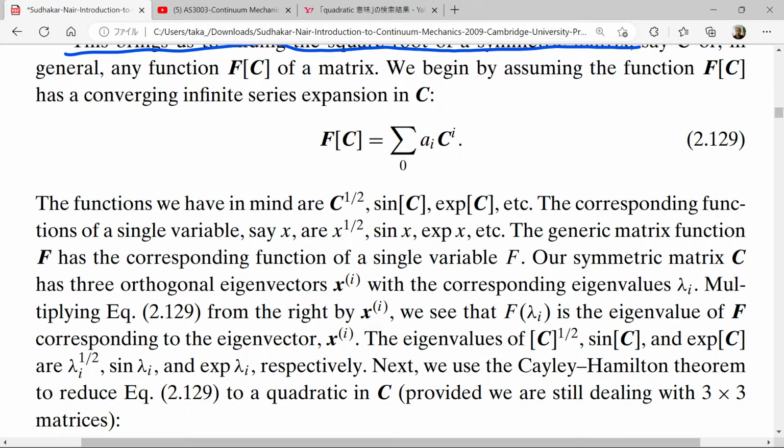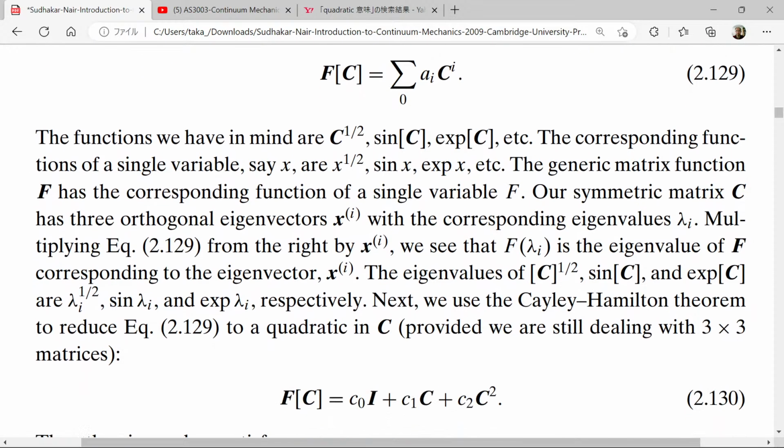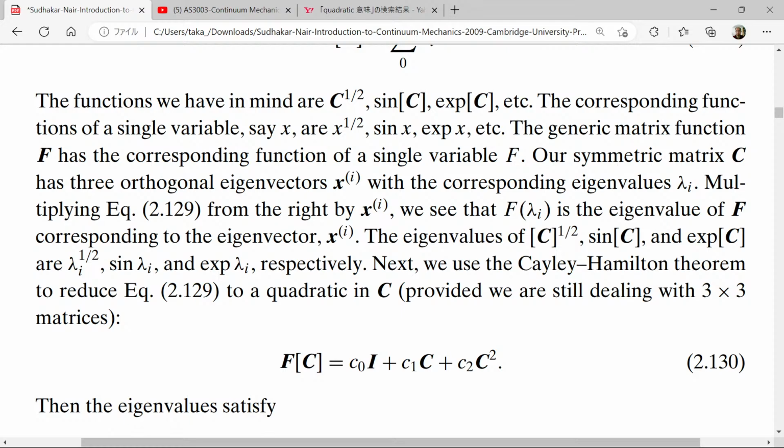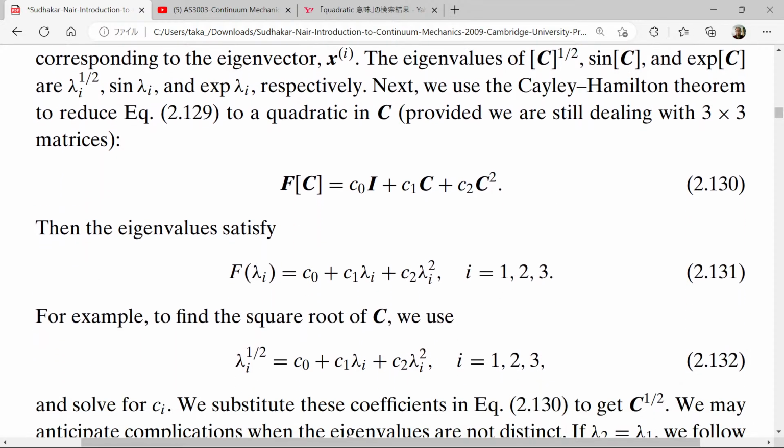Next, we use the Cayley-Hamilton theorem to reduce equation 2.1.29 to a quadratic in C, provided we are still dealing with 3 by 3 matrices. Then the eigenvalues satisfy f of lambda i equals c0 plus c1 lambda i plus c2 lambda i squared, i equals 1 to 3.